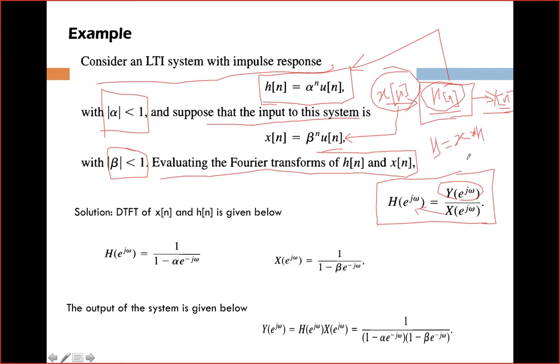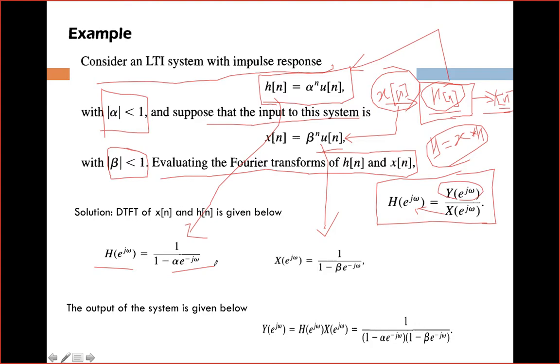In the time domain it is convolution, and in the transform domain, when you multiply these two, you get the output. Hence, I am going to separately find the discrete time Fourier transform of h of n and x of n. These are the two important terms. So the DTFT of h of n is H of e power j omega, which is equal to 1 by 1 minus alpha into e power minus j omega.